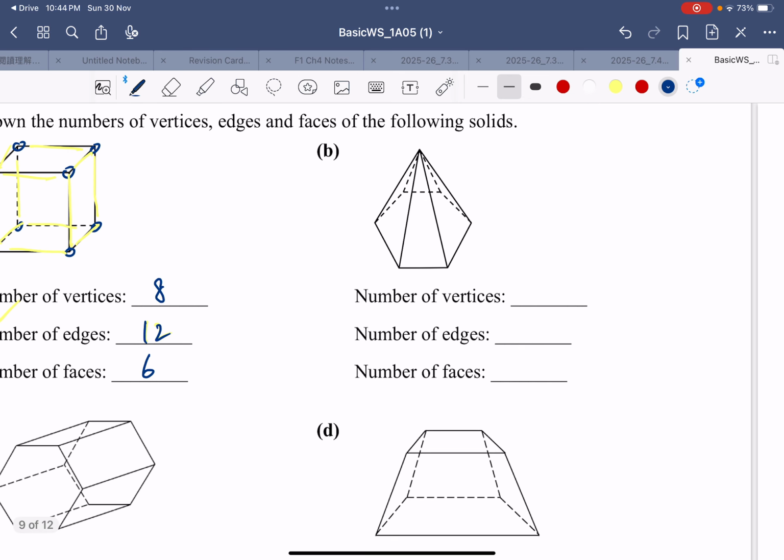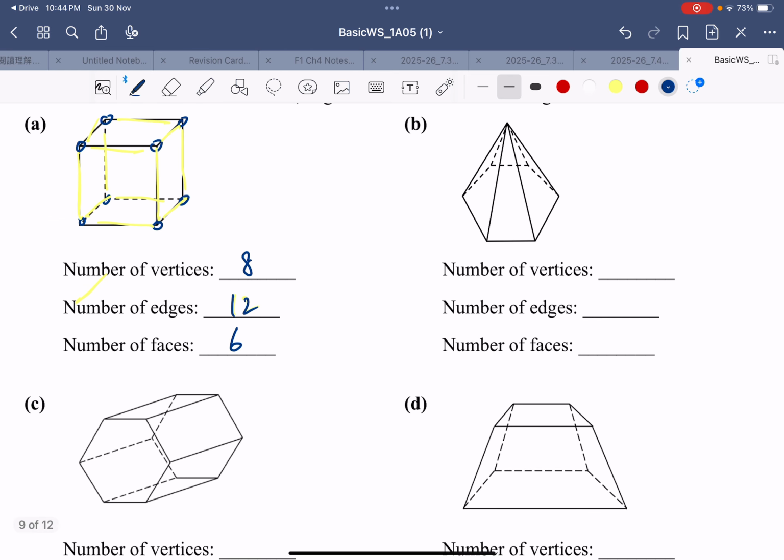And then check the others. You can count it by yourself. What are they? Number should be 7 vertices, 12 edges. Okay, count it for you: 1, 2, 3, 4, 5, 6, 12, right?